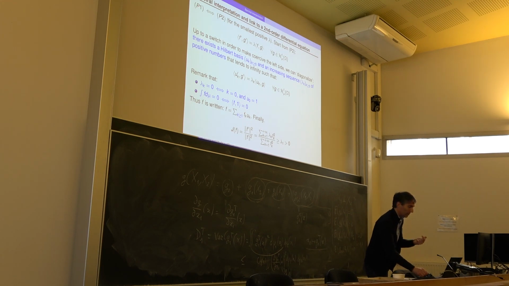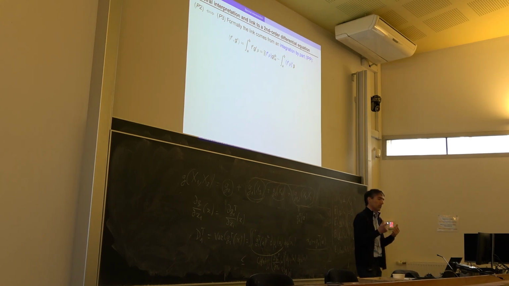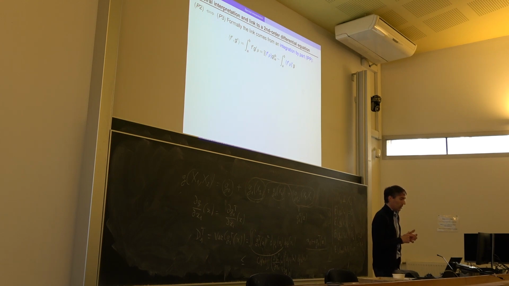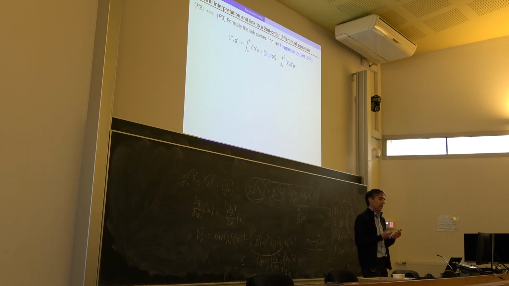Now, to see the link with the differential operator, what you are doing is you are going to integrate by parts. So you consider your dot product between derivatives, which is like this. Rho is the probability density.